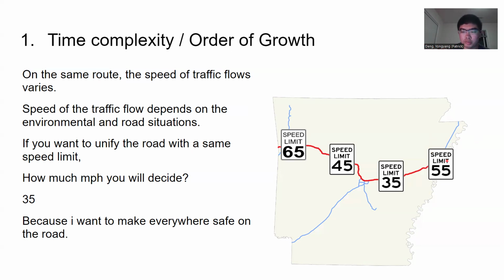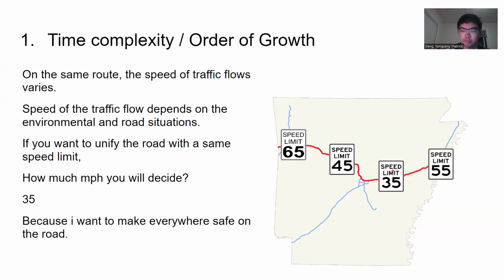So if I don't want to change the speed, or if I want to unify the whole road with the same speed limit, I will use 35. Because if I use something like 45 or 65, and I go past this part of the road with a speed limit of only 35, I may be in danger, because that road is only suitable for cars running under 35 mph. So that will cause danger.